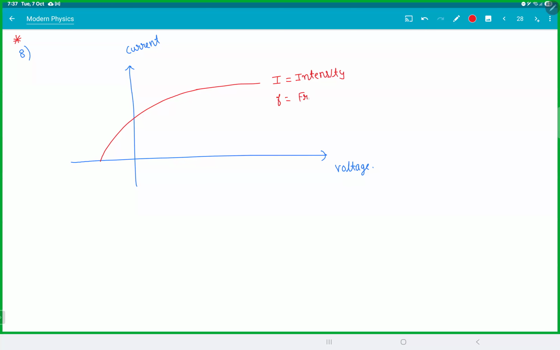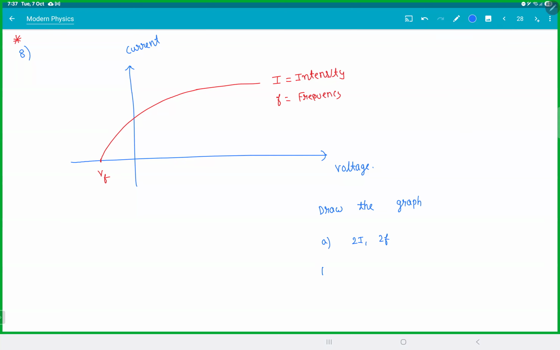So when you do the experiment for a light of intensity I and frequency f, this is the graph. Vf is your stopping potential. So using this graph as a reference, can you draw the graph if you double the intensity and double the frequency?